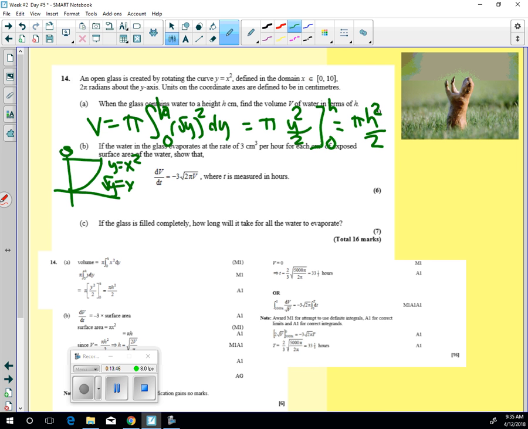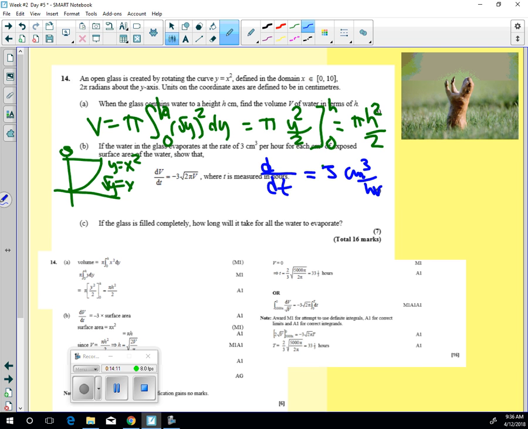It'll probably enter later, yeah. So then it says if the water in the glass evaporates at a rate of 3 cubic centimeters per hour. When I see a cubic centimeter per hour, would you take a moment and write 3 cubic centimeters per hour? This tells me what that variable is. It's d something dt.